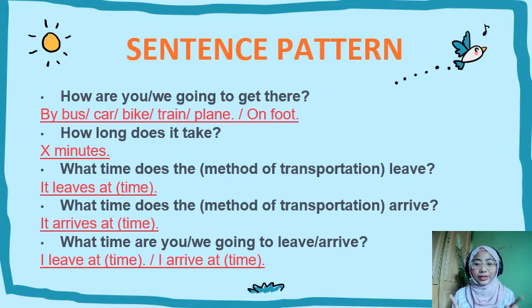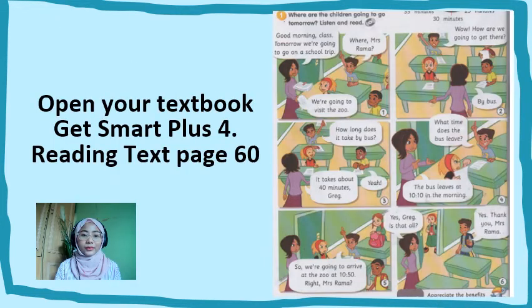We're going to read a story about these sentence patterns and about our friend named Greg. Open your textbook, Get Smart Plus 4, and read the reading text on page 60.